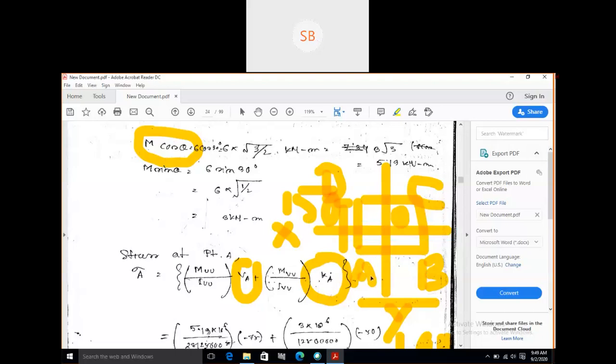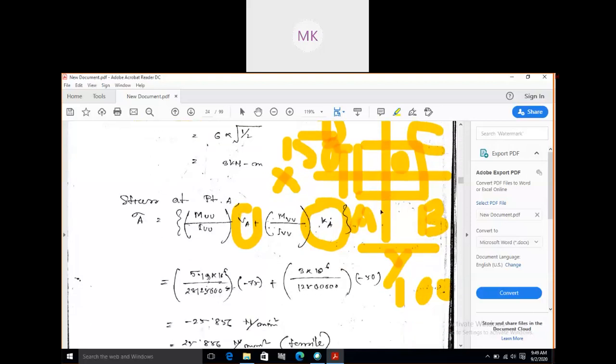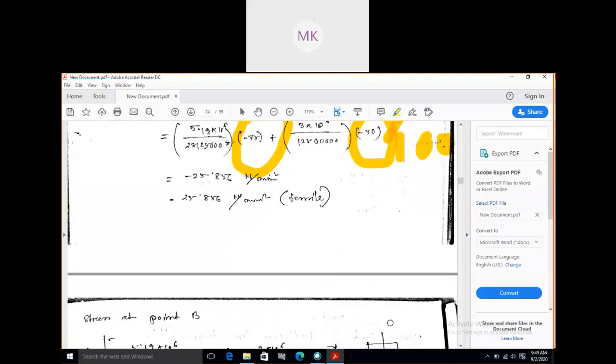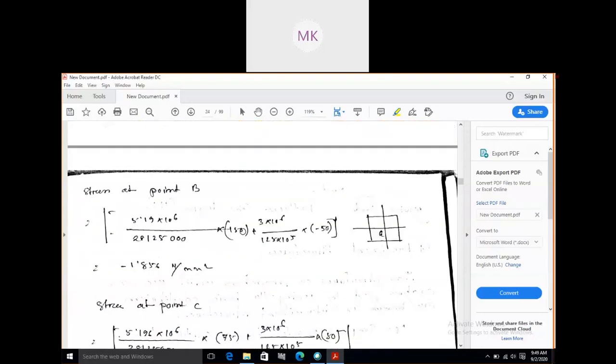All of you please try to find the coordinates for every point A, B, C, and D. Then you just need to put the values as per the sign. If you got minus, then you should write minus. If you got minus again, you need to write minus. Similarly, if you got plus, write plus.